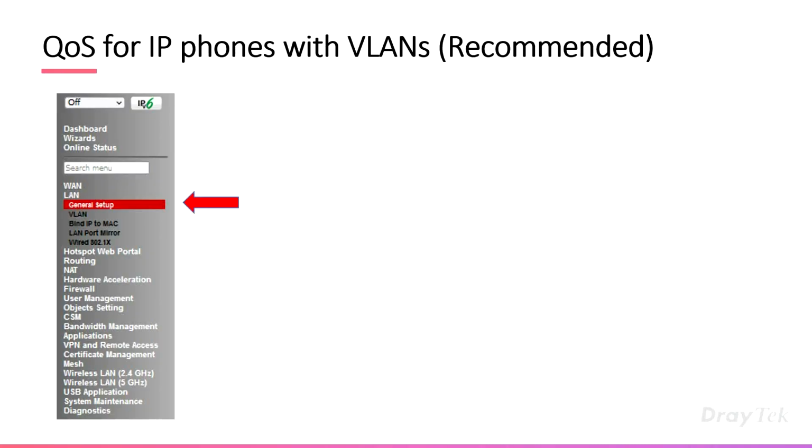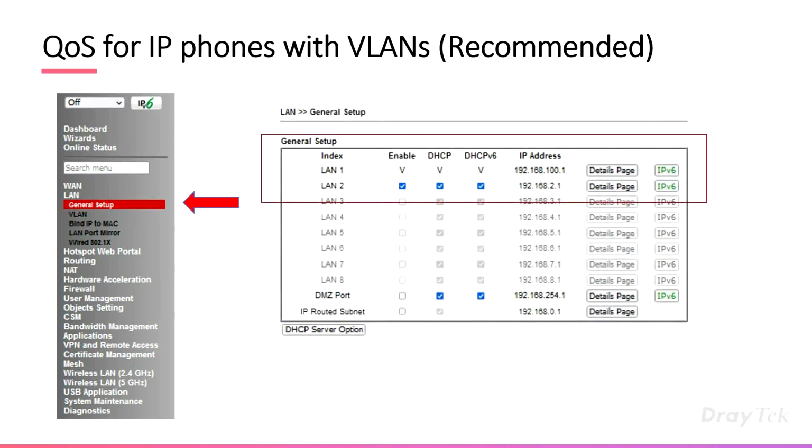The recommended way, in my opinion, would be to have a dedicated LAN for your voice traffic. So instead of having computers, printers and phones under the same subnet, you should instead have a separate or additional subnet for your phones.